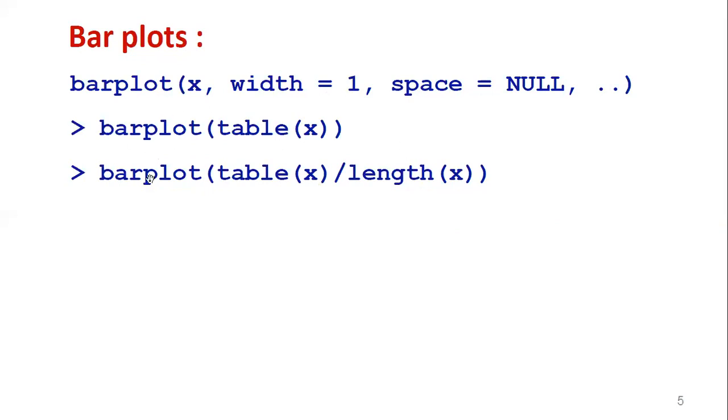For absolute frequency, simply you can use table of x, so barplot of table of x. Whereas for relative frequency, you can use barplot of table of x divided by length of x. Same formulas, but we prefix them with barplot. Then those graphical charts will be displayed.